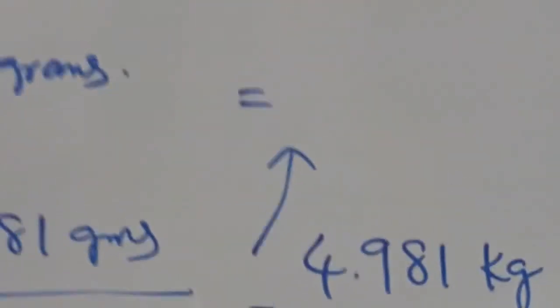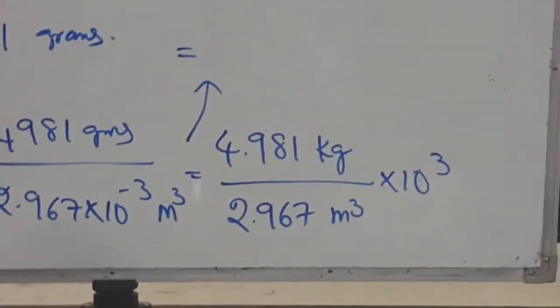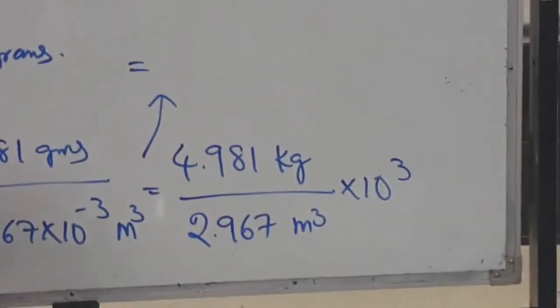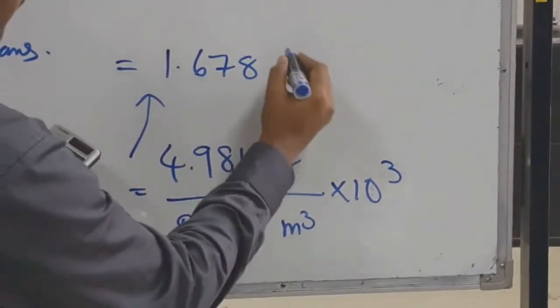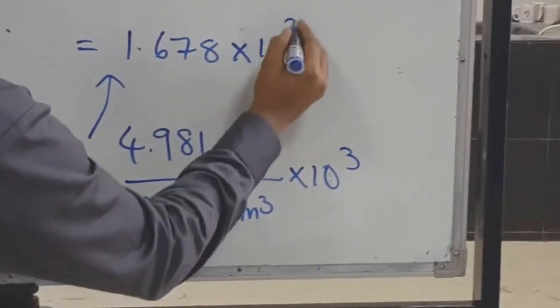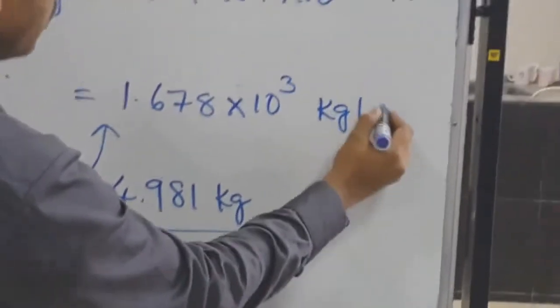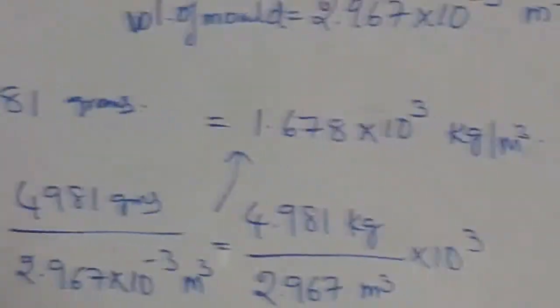So we'll get 4.981 divided by 2.967. Finally, 1.678 into 10 cube kg per meter cube is the density of compacted sand.